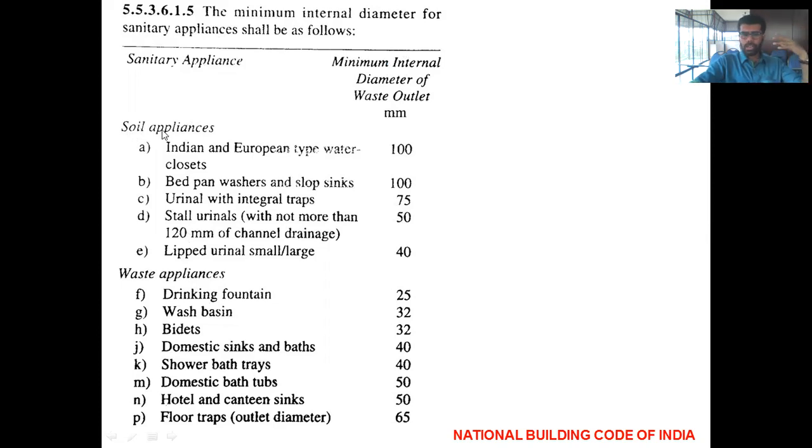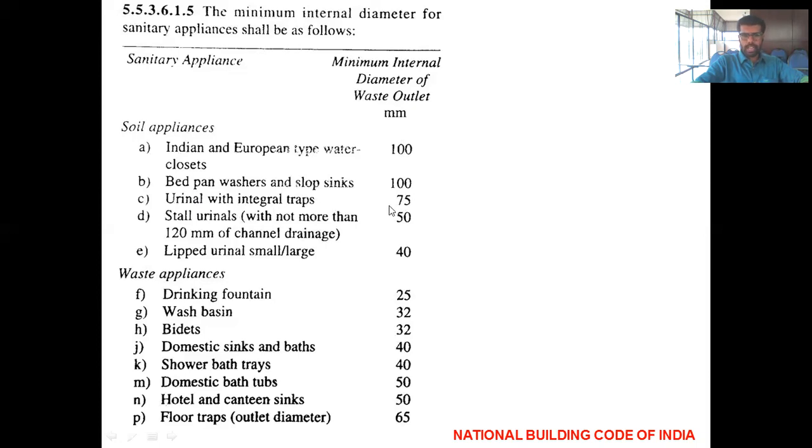Soil means from the water closet, or it can be from the urinals also. Depending upon that only, it is called soil. And the next one is waste. So let's see what is the minimum internal diameter for different sanitary appliances. When it comes to soil appliances, you can see Indian or European water closet, the minimum is 100 internal diameter. Bedpan washers or slop sinks, it is 100.